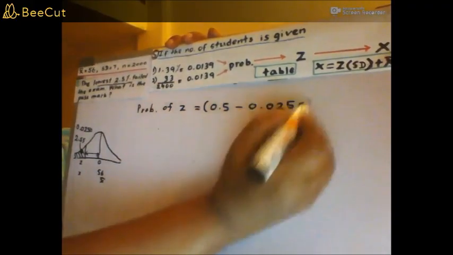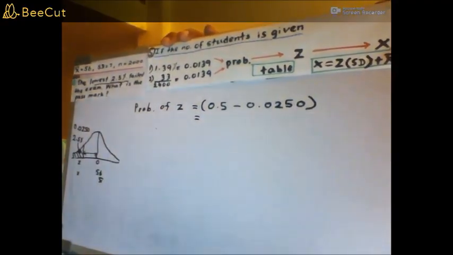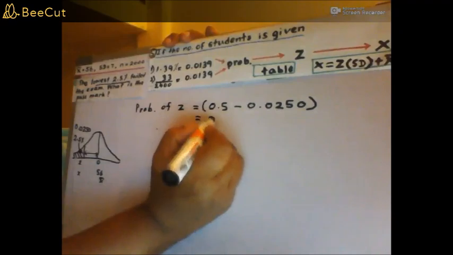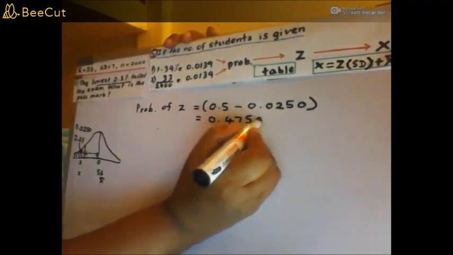That's the probability of Z, and the answer is 0.4750.